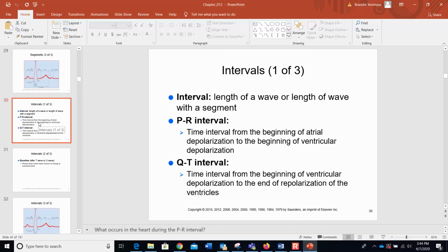What's happening here is the beginning of atrial depolarization to the beginning of ventricular depolarization, that first part of the heartbeat. That is when we're seeing the atrial and ventricular depolarization from P to R. Then we have the Q to the T, which is the time interval between the beginning of the ventricular depolarization to the end of repolarization of the ventricles.